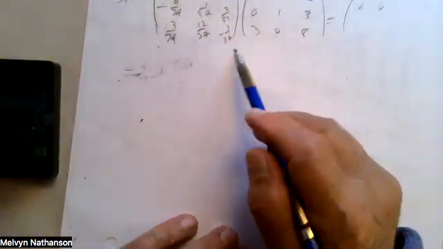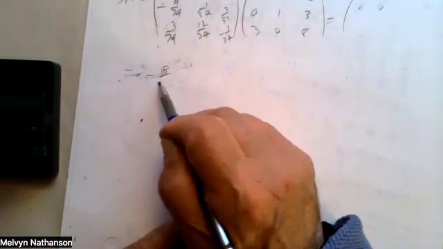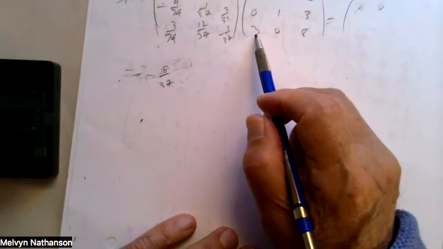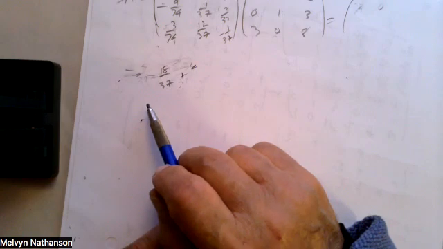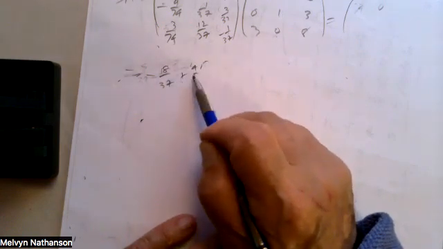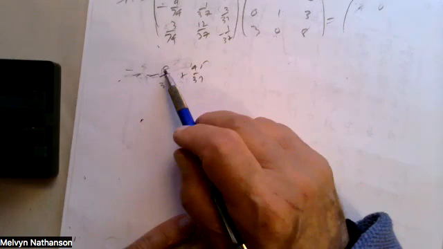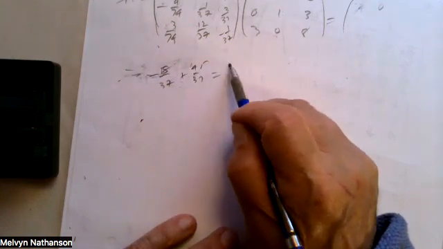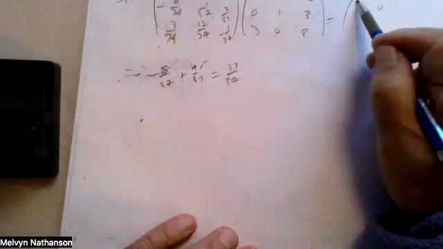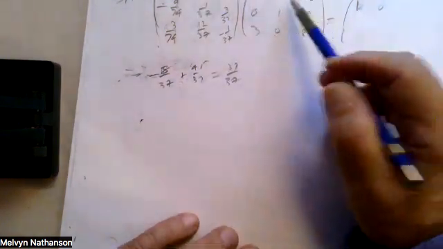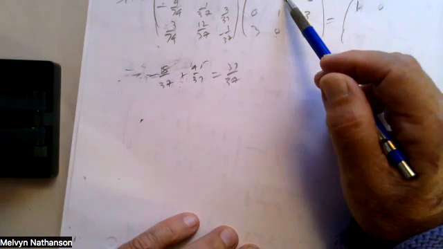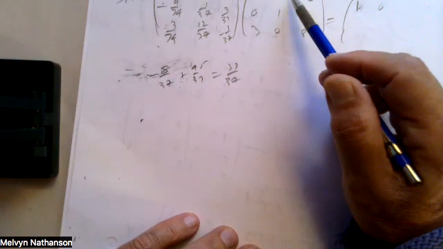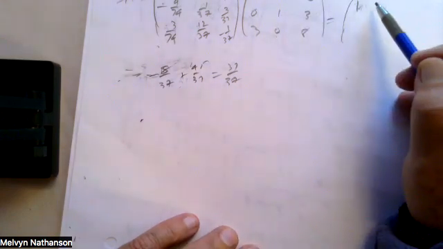First row and first column, I get minus 8 over 37 plus 0 plus 45 over 37. 45 minus 8 is 37 over 37. So that's 1. When I'm multiplying the second column, I get plus 32 minus 32 over 37.